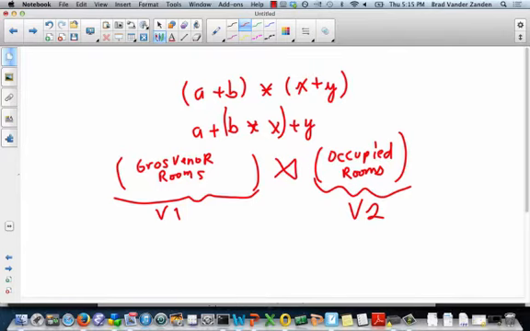So when I saw several of your solutions, when I helped some of you with the solutions, you were doing things like you would get the Grosvenor rooms, but you wouldn't use these, in effect, parentheses.